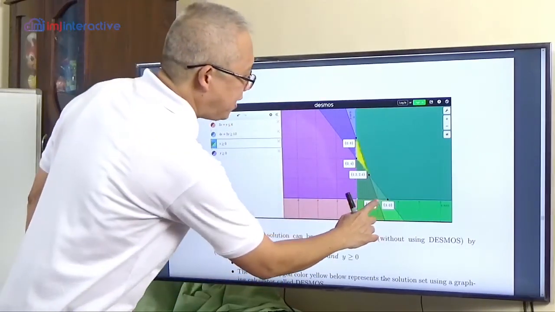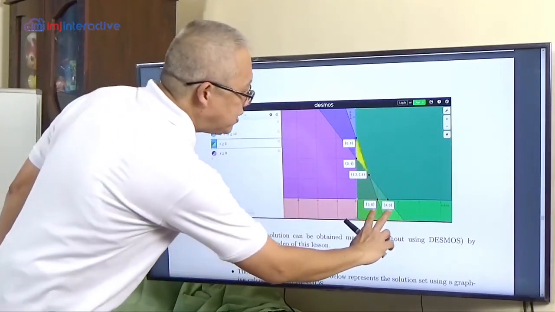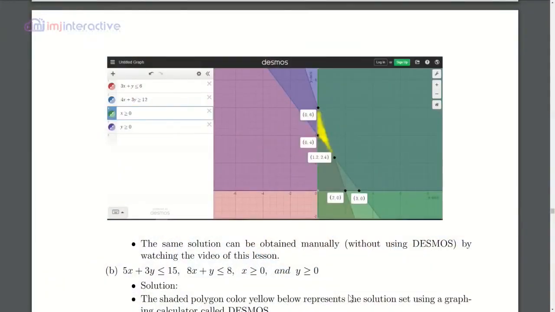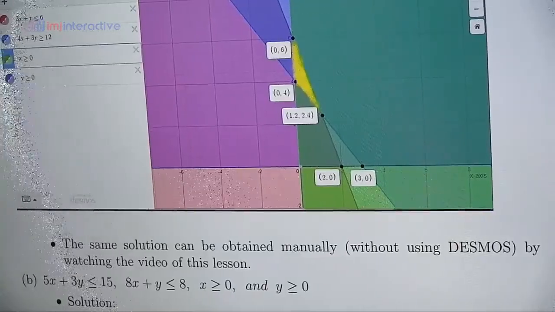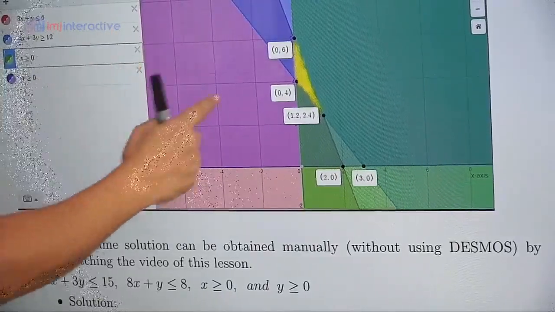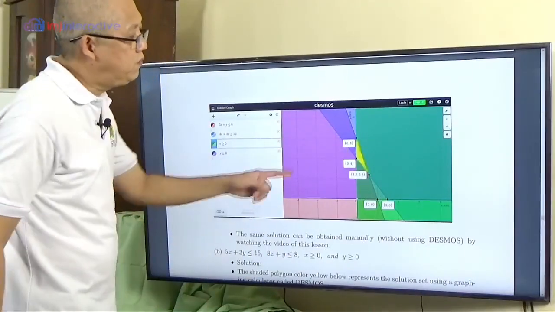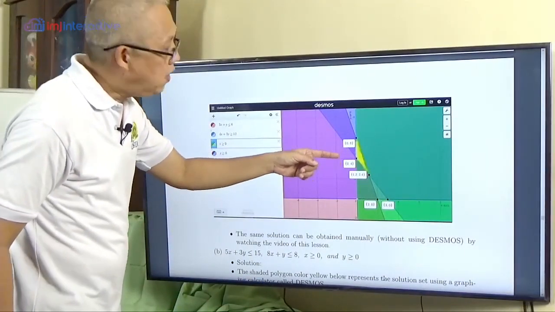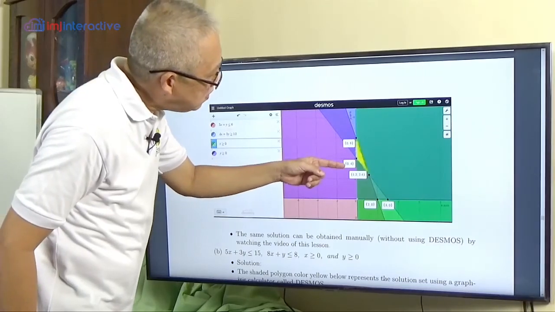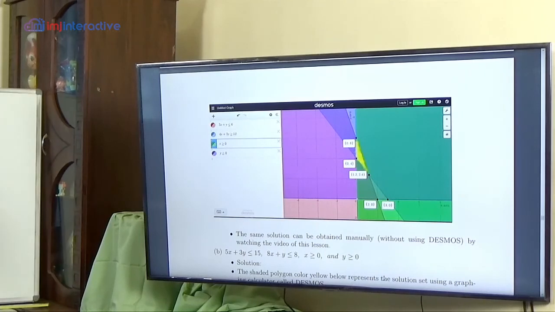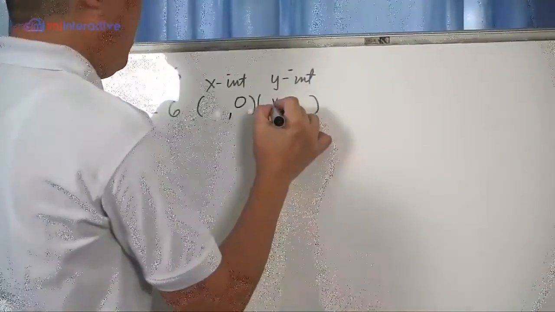If you can see here, the value of y is 0. And what is the y-intercept? That is the set of points where the line crosses the y-axis. So these are examples of y-intercepts. If you look at the coordinates, the value of x is 0. So, to get the x and y-intercept, when we say x-intercept, y is 0. When we say y-intercept, x is 0.